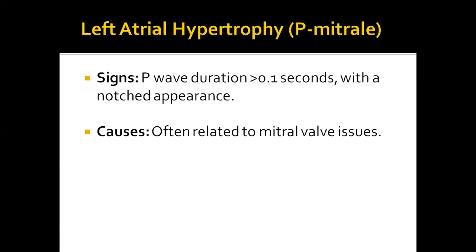The P-wave often appears notched in leads 2 and V1, reflecting the delayed depolarization of an enlarged left atrium. Identifying these changes can direct us to investigate underlying structural abnormalities in the left atrium.